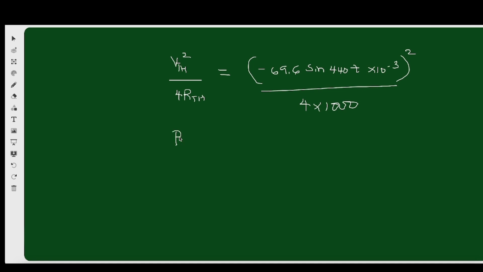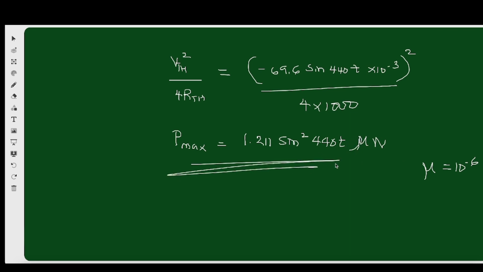So the maximum power transfer, P max, equals 1.211 sine squared 440 t microwatts. Micro means 10 raised to the power minus 6. So that's the maximum power transferred to the load.